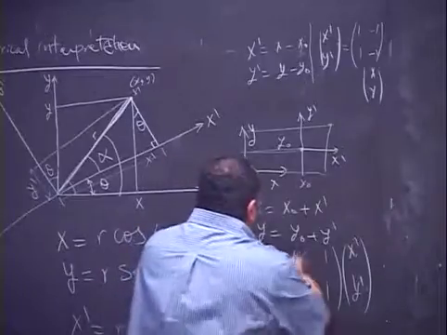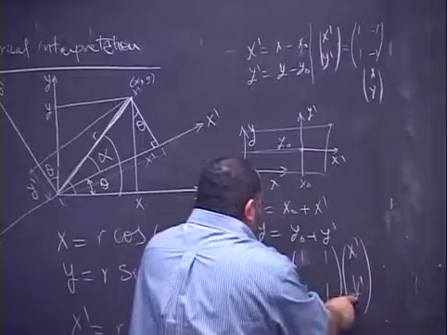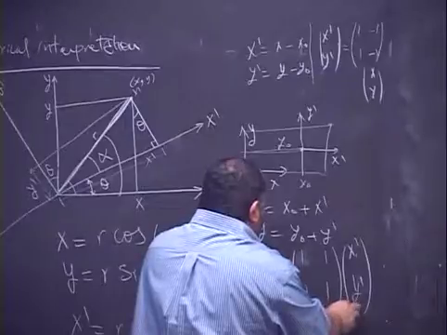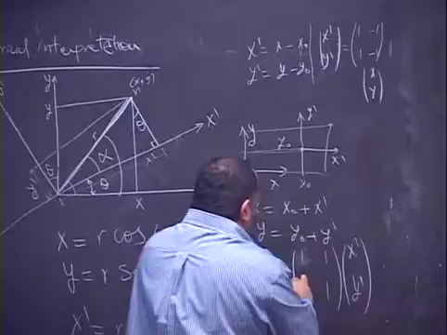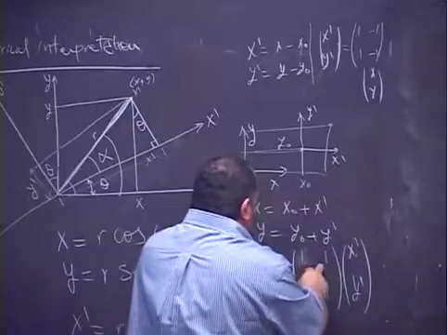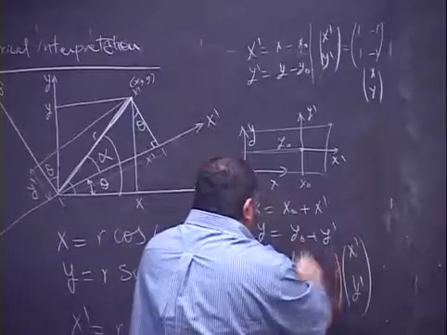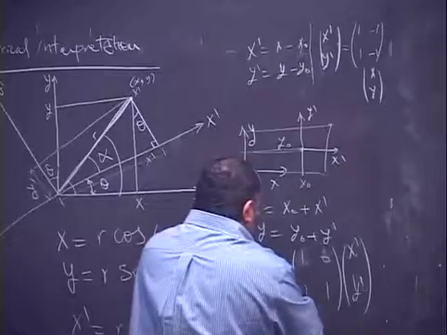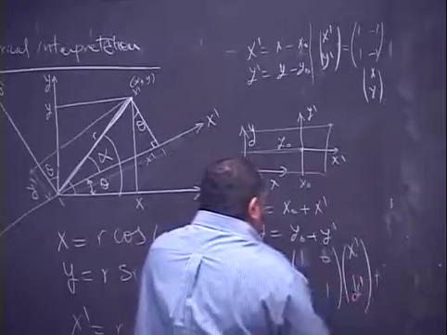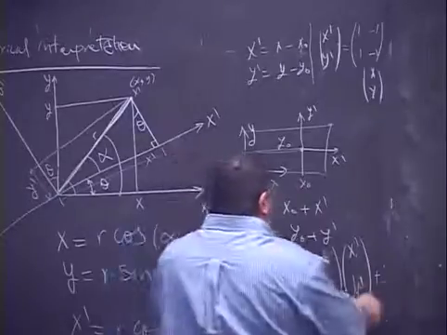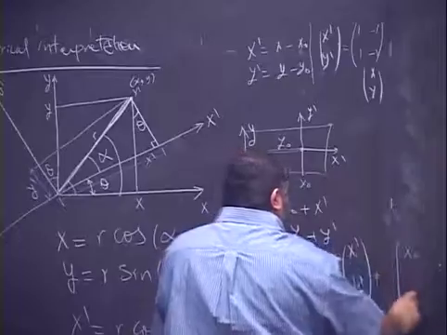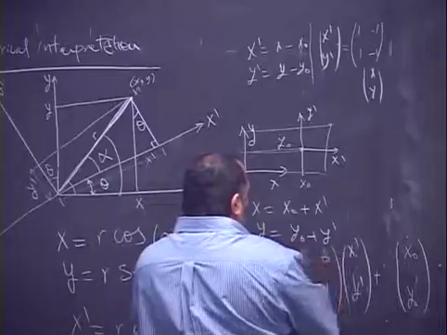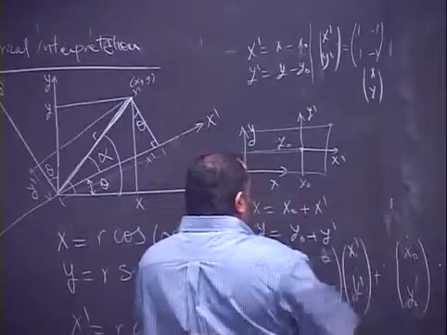Let's think about it. If you multiply 1, you do not have y. 1 multiplied by x' is x, and this should be 0, and this should be 0, and then you will have to add x₀, y₀.